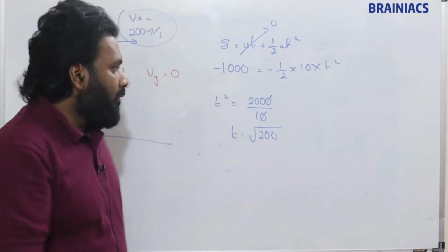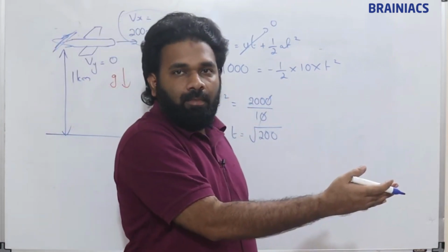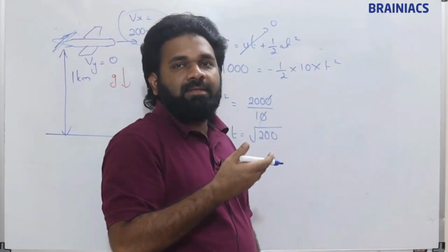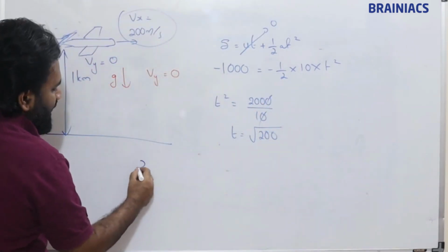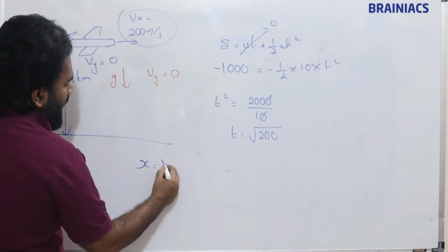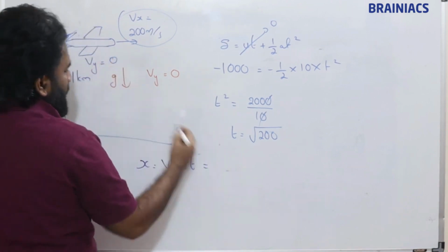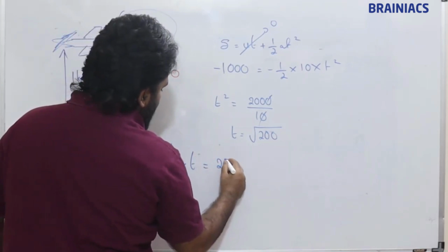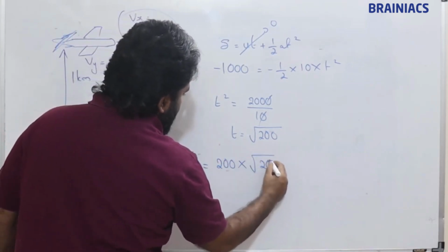That is, to cover the vertical distance. Now in this time, how much will it travel? So that distance, before that distance it should drop the bomb. So x is equal to Vx into t. So this is actually 200 into time, which is root 200.